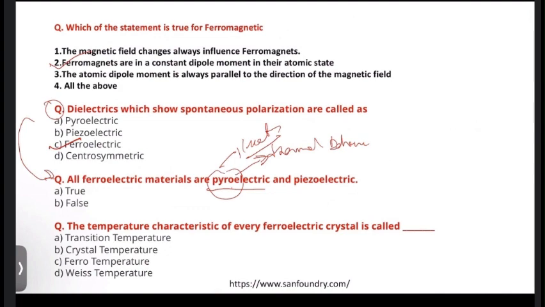And piezoelectric, who will answer the piezoelectric? What is the definition of piezoelectric? Anyone? You understand ferroelectric, now you understand pyroelectric too.